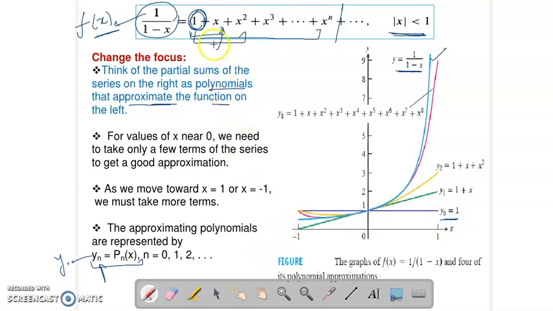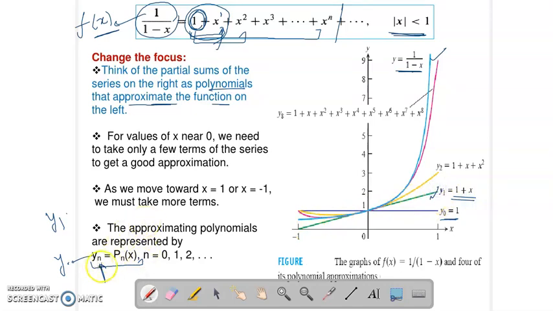Now when you consider the first two terms, you will have y1, that is p1 of x, right? So we are going till x to the power 1. So y1 is equal to 1 plus x, and this is the graph of y1 of x.